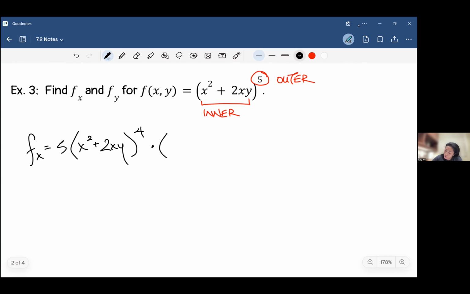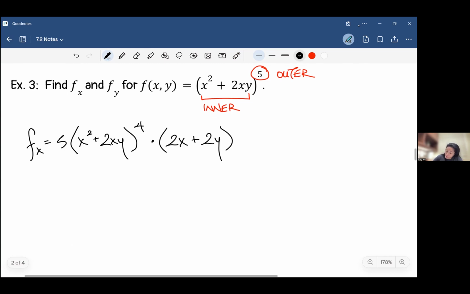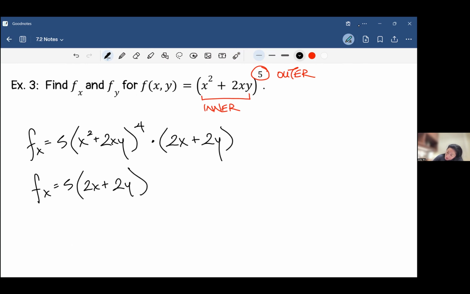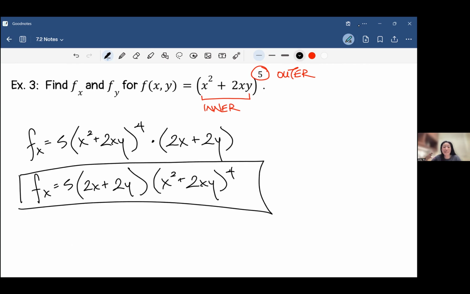So the derivative of x squared is 2x, plus the derivative of 2xy is 2y, right? Now, we could clean this up a little bit. We can say fx equals 5 times 2x plus 2y times x squared plus 2xy to the 4th. That is more the classic way to do it, where we move terms that have the smaller powers to the front.